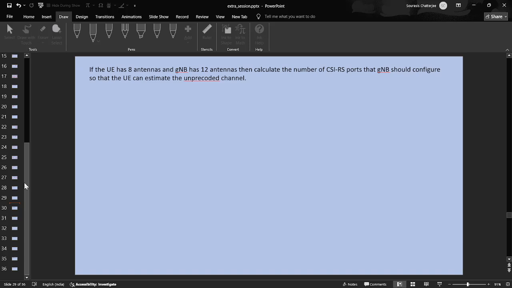So the user has 8 antennas and the gNodeB has 12 antennas. If a user needs to estimate the unprecoded channel, how many CSI-RS ports should the gNodeB configure?